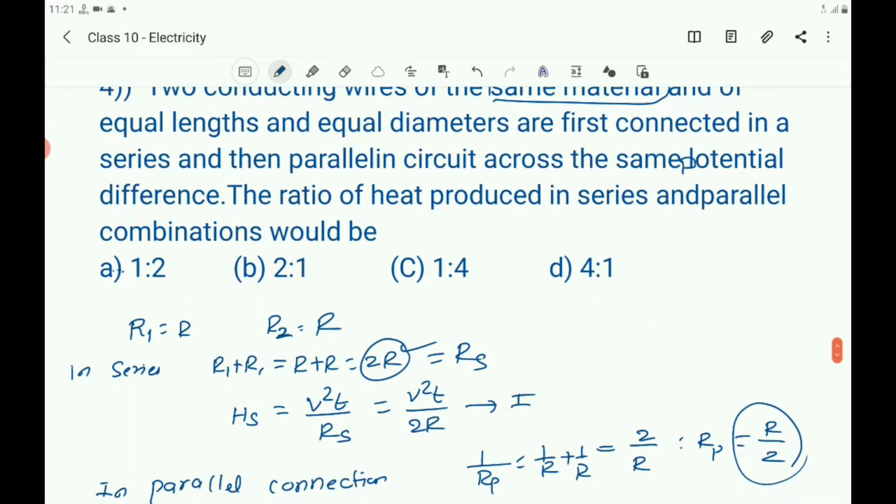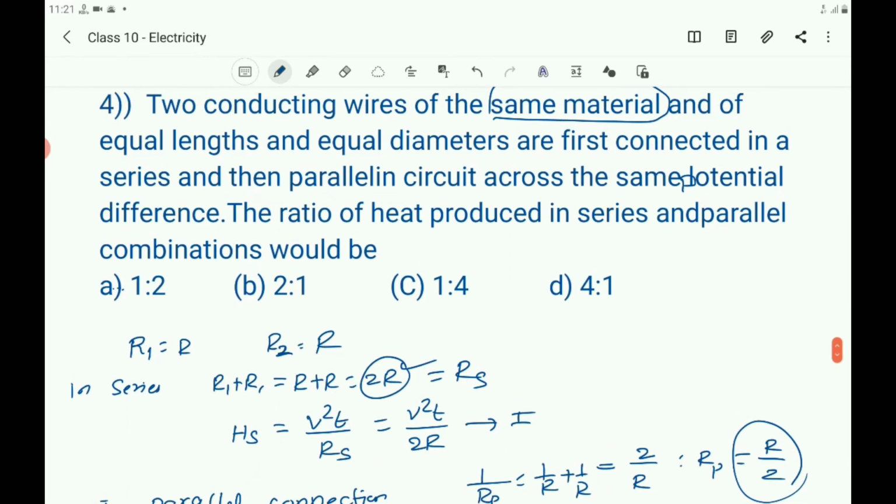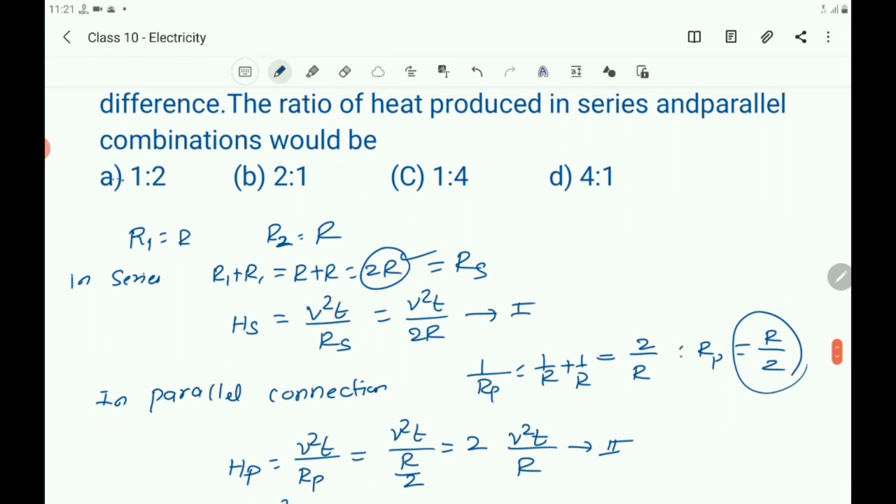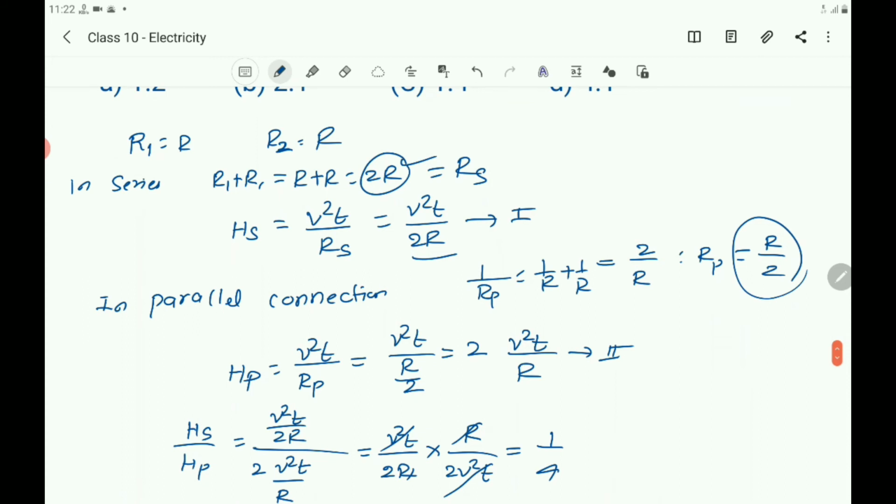Therefore, here let us have their resistance R and R. So in series connection R1 plus R2 you will get 2R, and heat produced in series connection you will get V square T by 2R, and in parallel connection, that is 1 by R plus 1 by R, 2 by R you will get. So 1 by Rp equals 2 by R. So Rp equals R by 2 you will get.